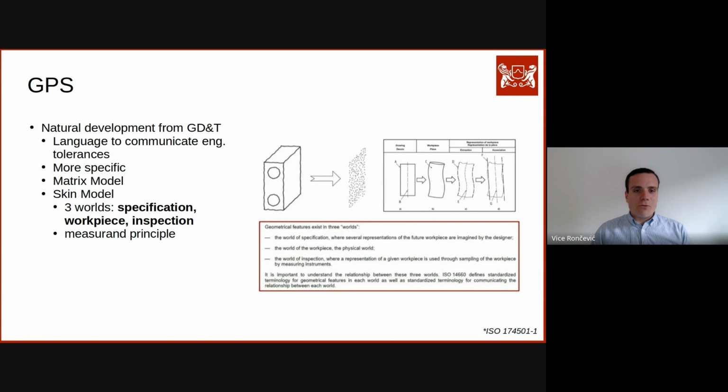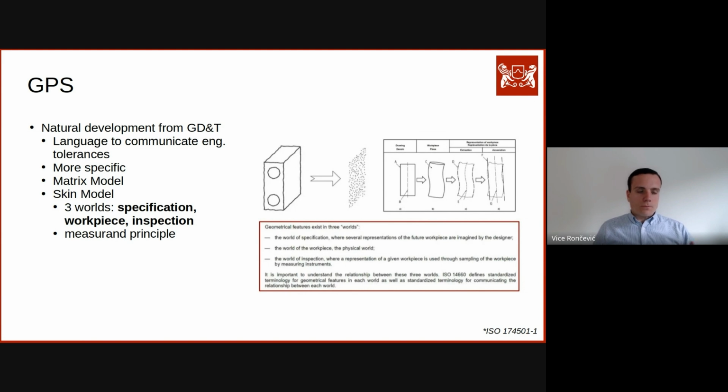It is a series of symbols and rules that help engineers all around the world to communicate what exactly they want this part to look like, feel like, be dimensioned, and fit to the other components.